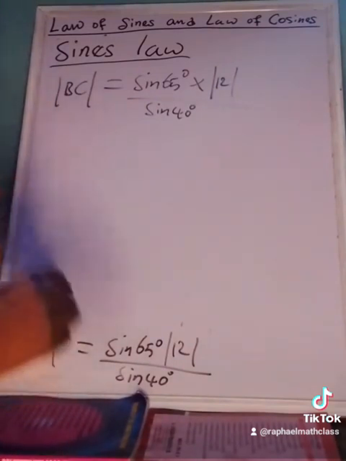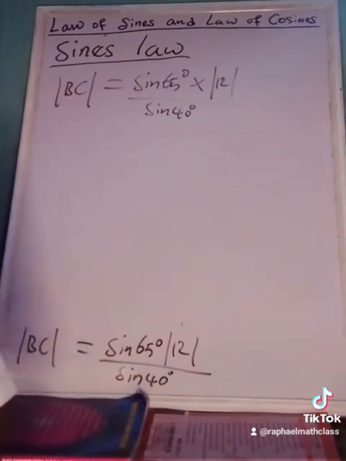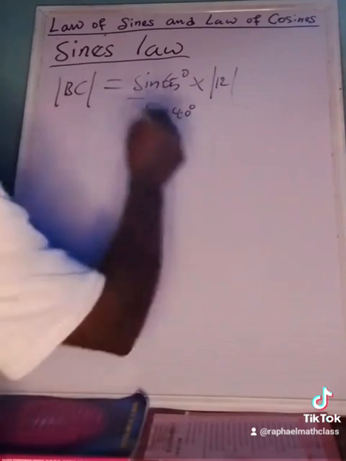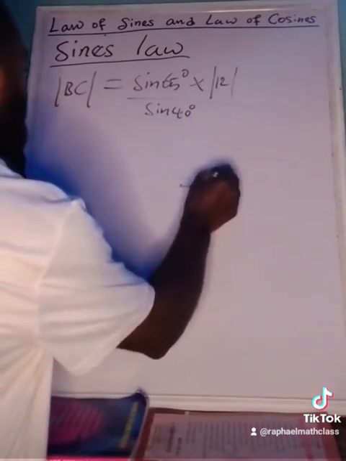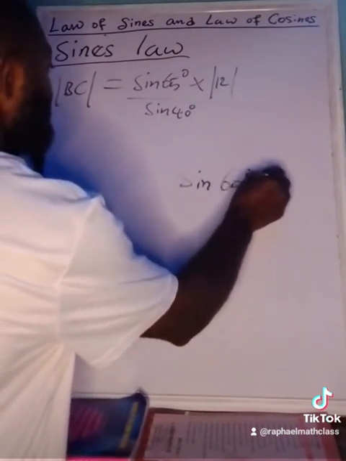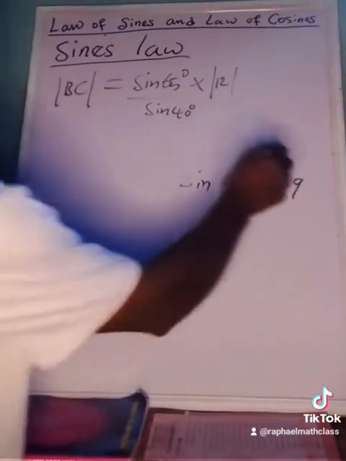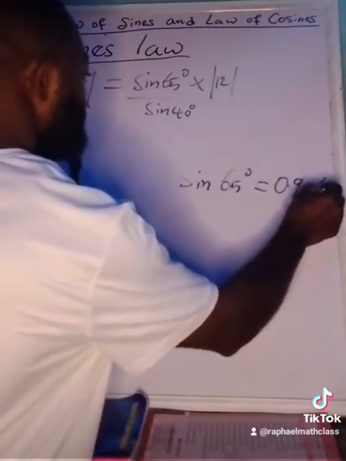So remember, if you go to your calculator, you will discover that sine 65 degree is equal to 0.906 approximately.